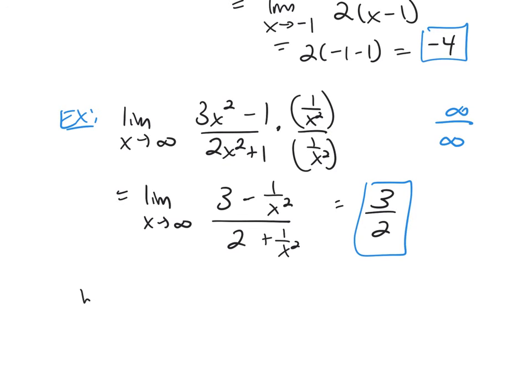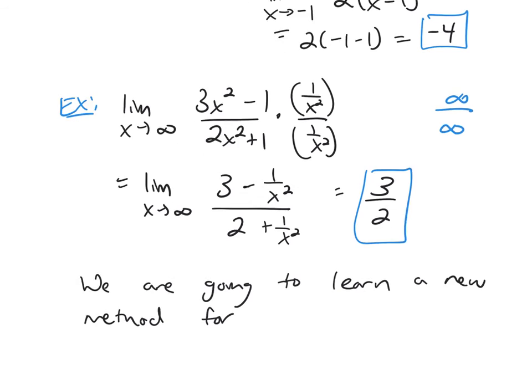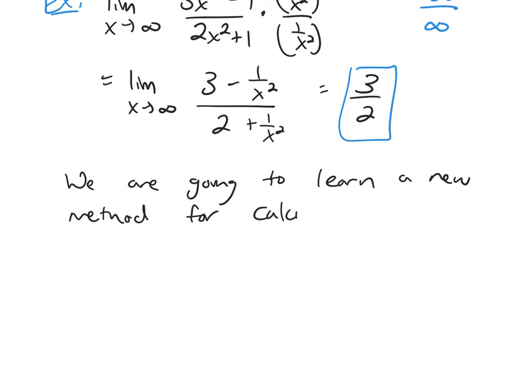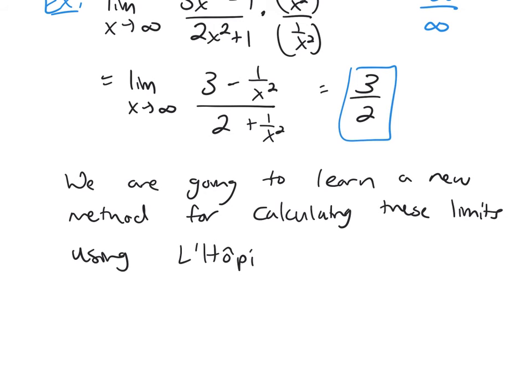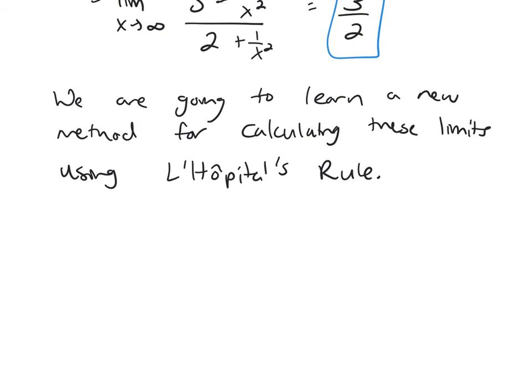But now what we're going to do is we are going to learn a new method for calculating these limits, using something called L'Hopital's rule. All right, so let's go over what exactly is L'Hopital's rule.